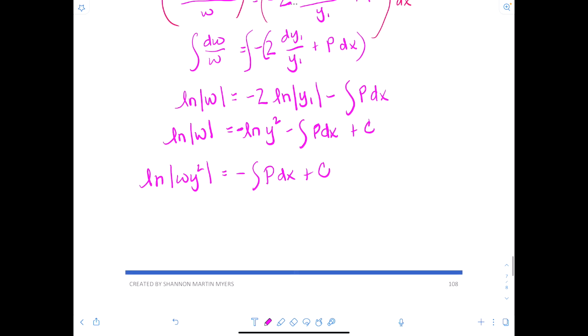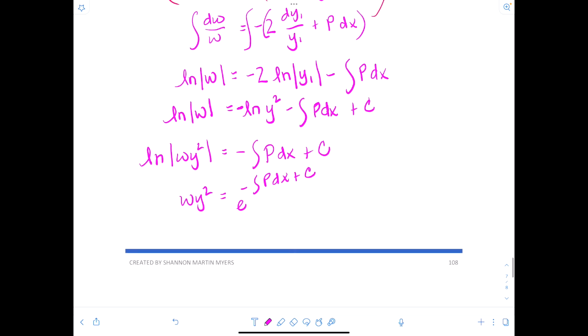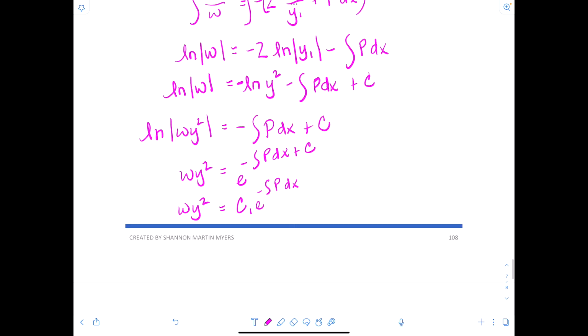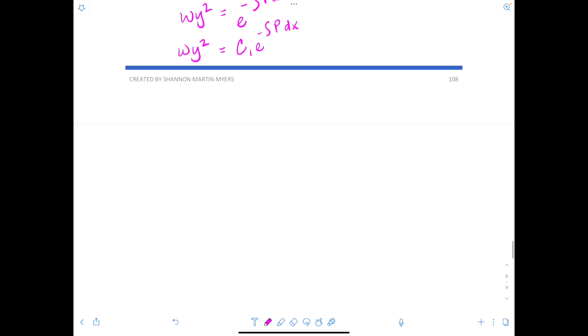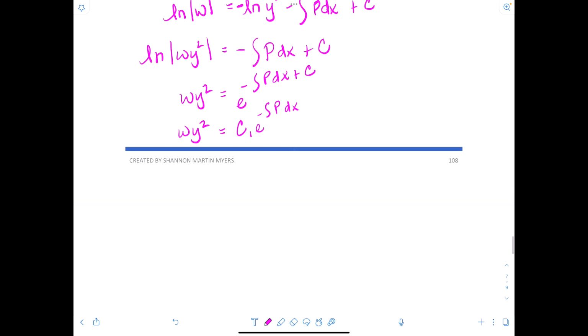And now this will be equivalent to w y1 squared is equal to e to the negative integral p dx plus c. So w y1 squared will be, again, that trick with the constants, we can call this c1, e to the negative integral p dx. But don't forget that w was equal to u prime, right?